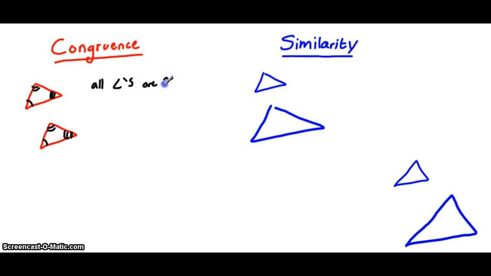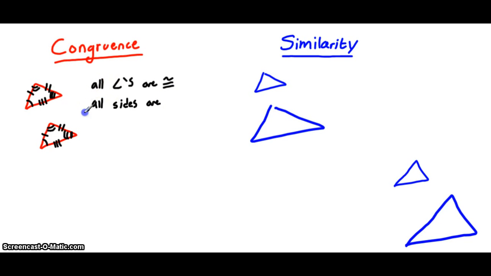Next, we need to ensure or check that all of the corresponding sides are also congruent. So I'm showing that here again with these tick marks. So we need to show that all the corresponding sides, corresponding means matching, are also congruent.